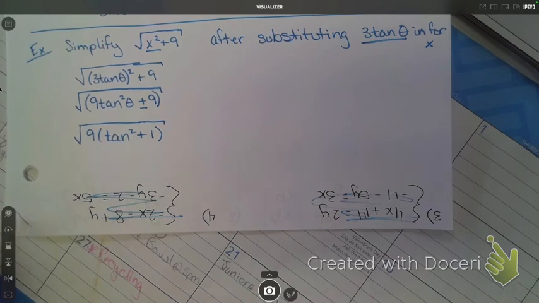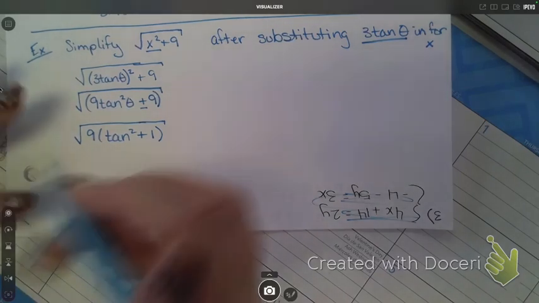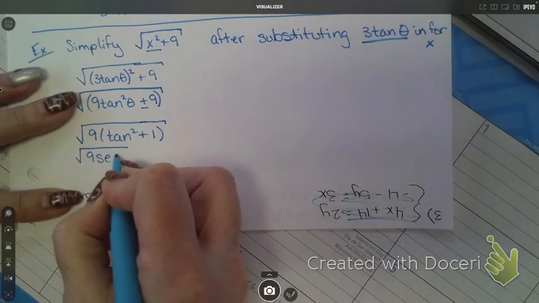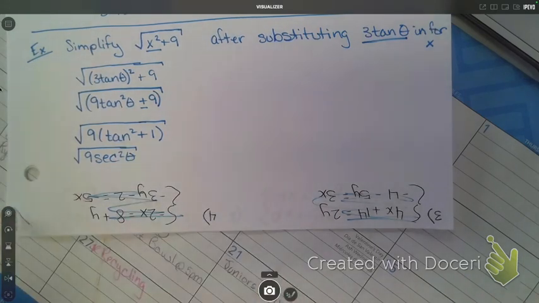What's it equal? Secant squared, because tangent and secant are the ones with x in the bottom. So this would be 9 secant squared, wouldn't it? Now can I take the square root of it?